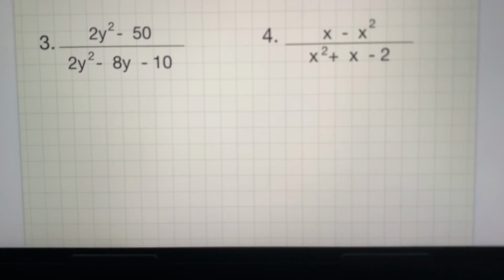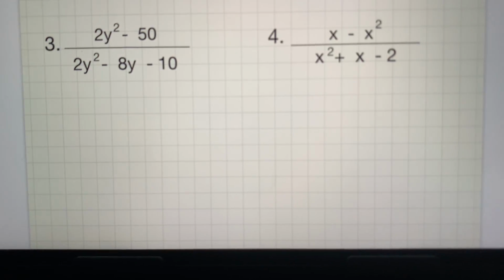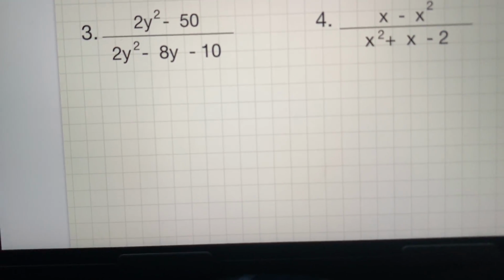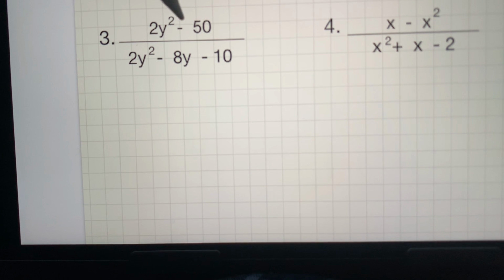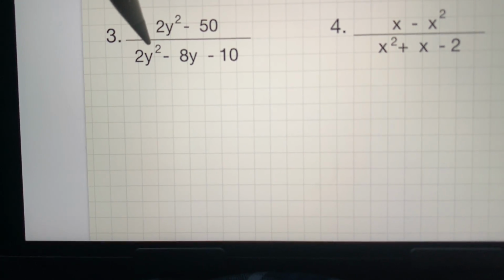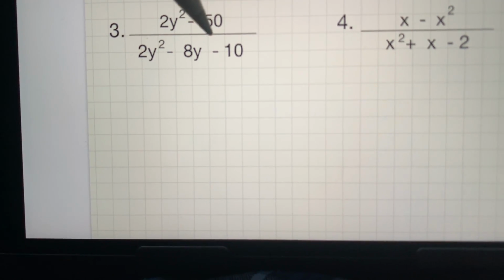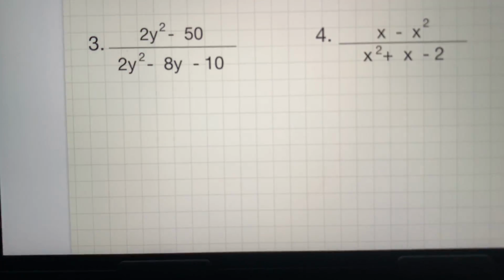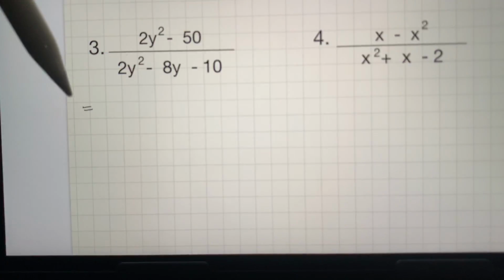Continuing with the simplification of rational expressions, we have exercise number 3. In exercise number 3, we see 2y squared minus 50 over 2y squared minus 8y minus 10. Now, the first thing I need to do is extract the 2 from the equation.